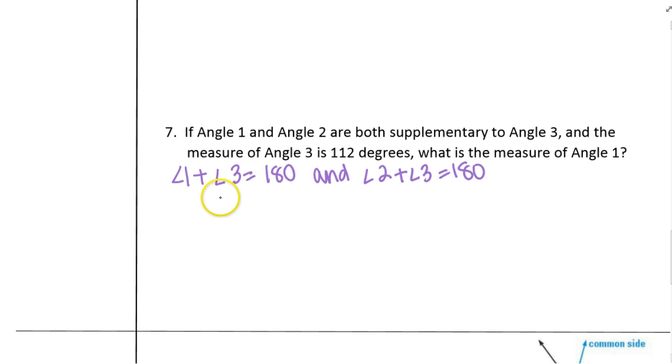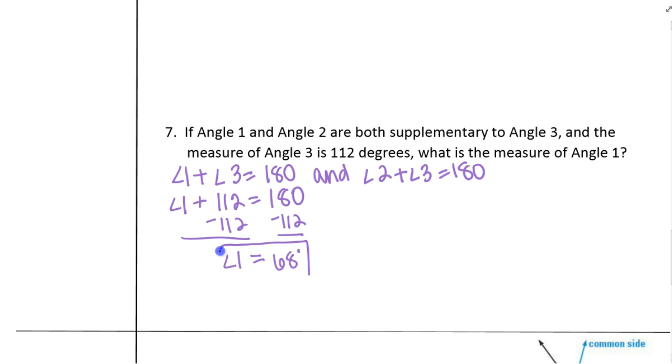Here's angle 3. Let's substitute in 112 degrees, and we don't know angle 1. Then what do we do to both sides? We're going to subtract. So if we subtract 112 degrees, we'll get that angle 1 is 68 degrees. Now here's where students get confused.